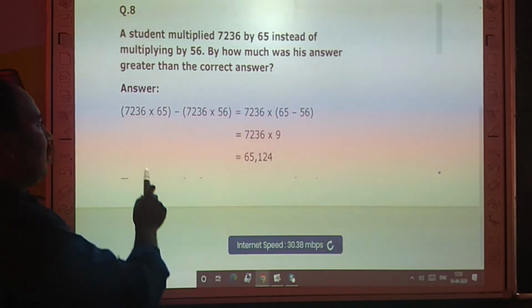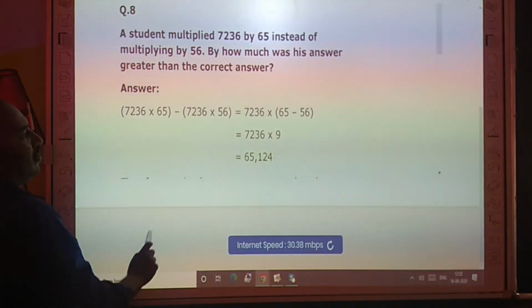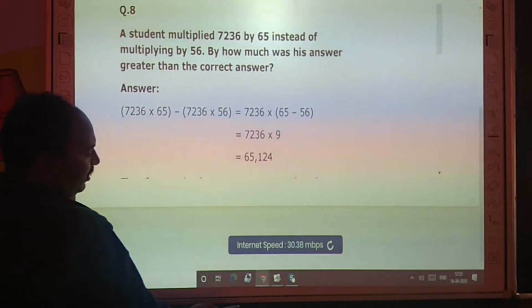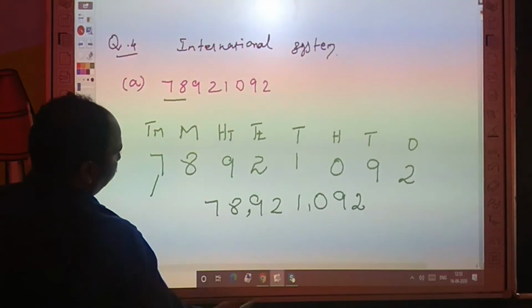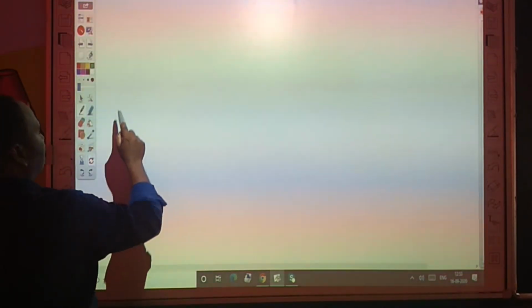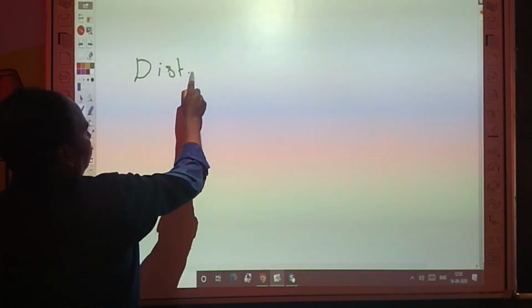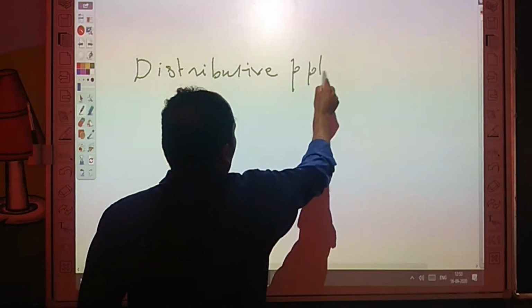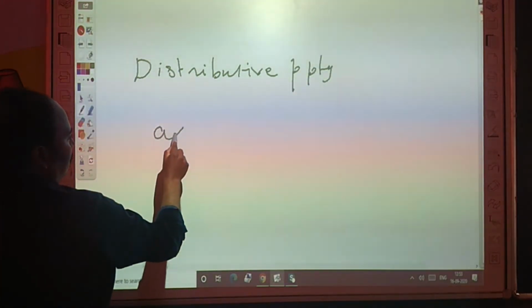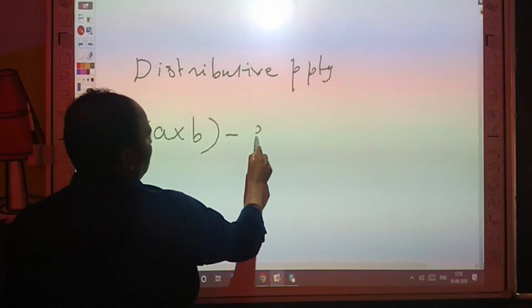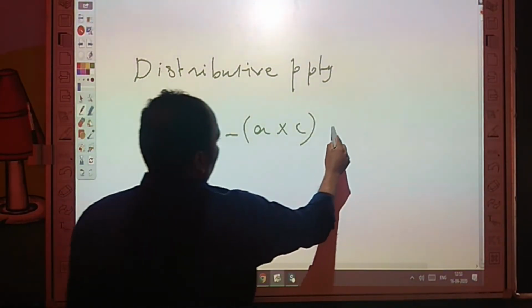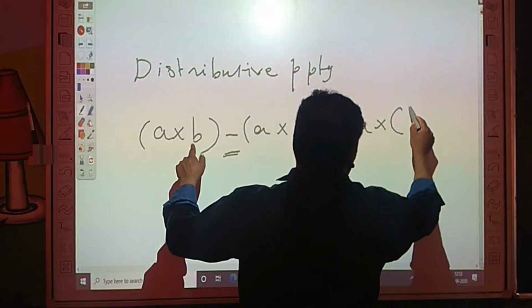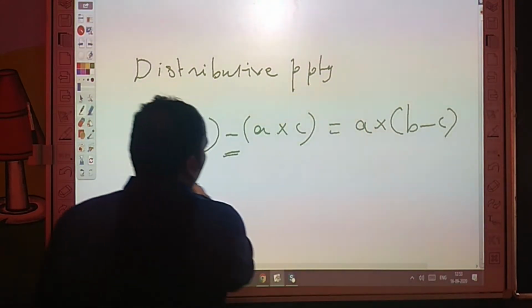That means A into B minus A into C is equal to A into (B minus C). This is the distributive property.